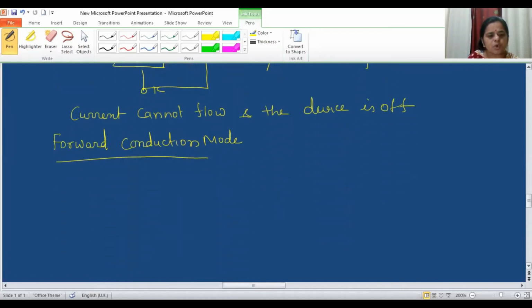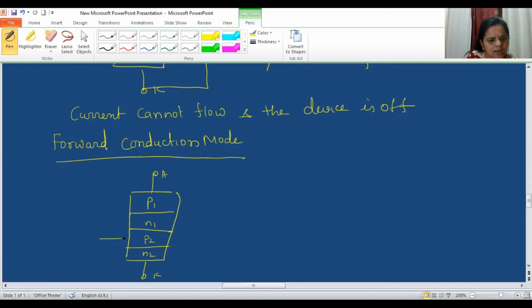Now the last mode is forward conduction mode. What is forward conduction mode? When we connect the device in a forward bias condition, that is P1, N1, P2, N2, this is cathode, this is anode, and here is the gate.